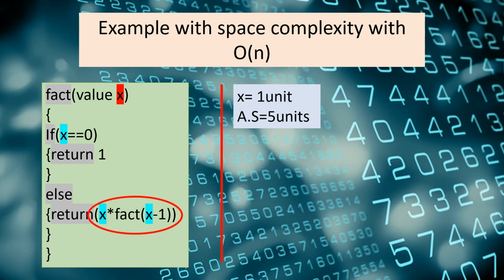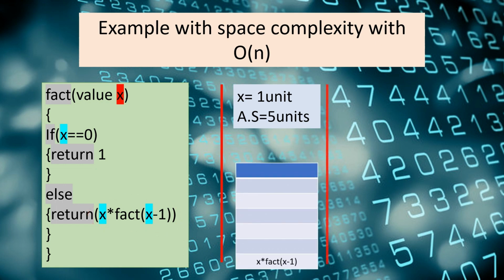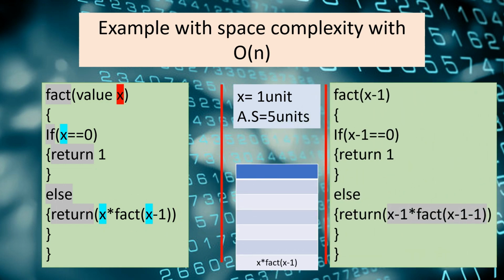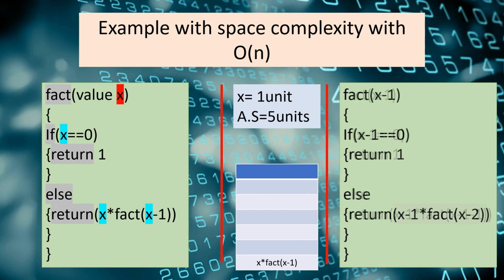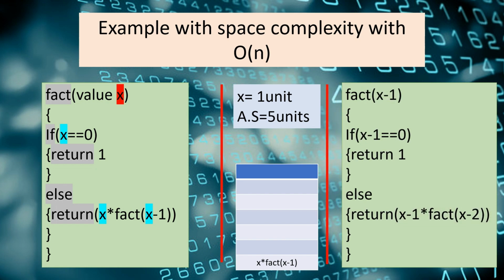Due to the recursive call, the function would be holding the calculation and storing the value in a stack. Now, factorial of x minus 1 will be called recursively, and in return, call x minus 1 equals x minus 2. Since we have already allocated space to x, there is no need to allocate space to x again.